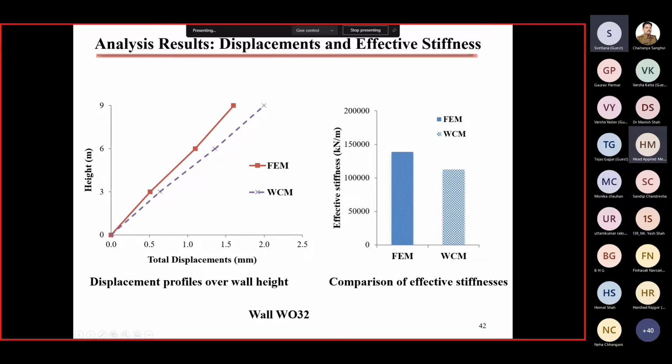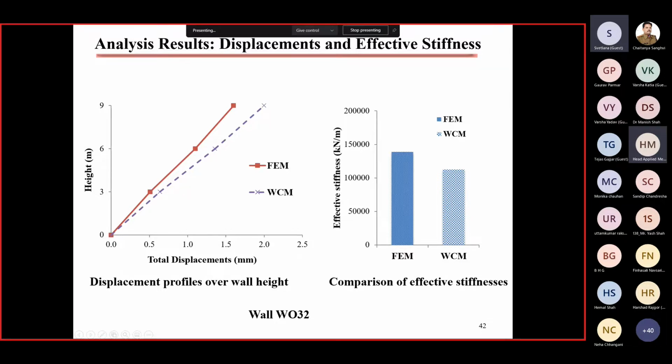The difference could be attributed to the modeling of parapets and the fact that these models had openings. In the models without openings, there was no difference in displacements. So this is a difference in effective stiffness. You can see that the finite element model is giving a stiffer model compared to the white column model.